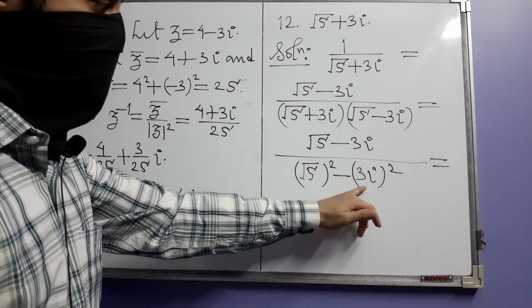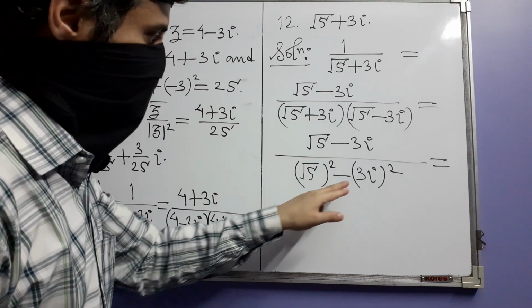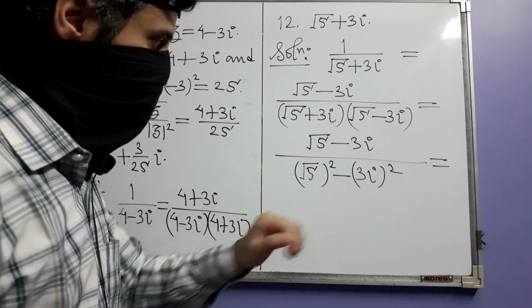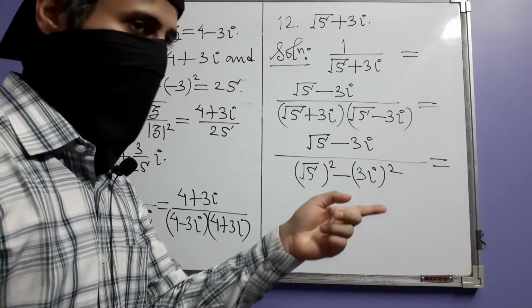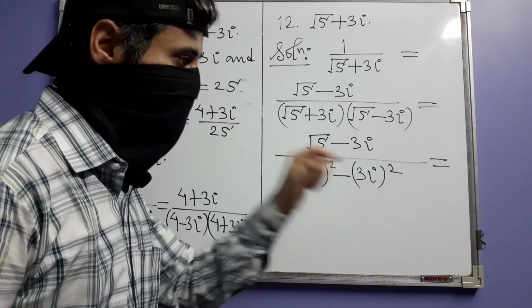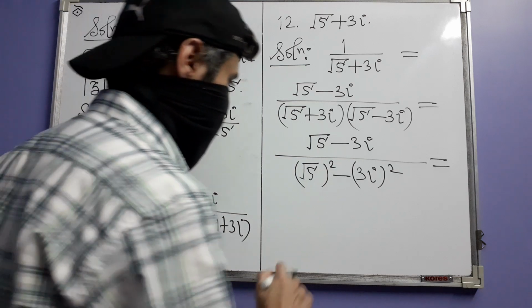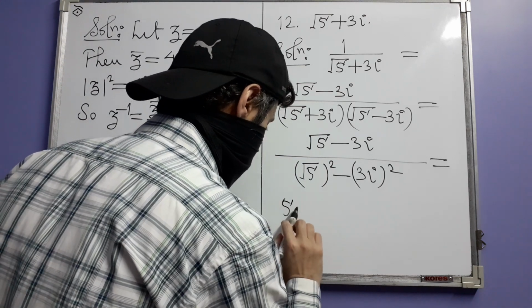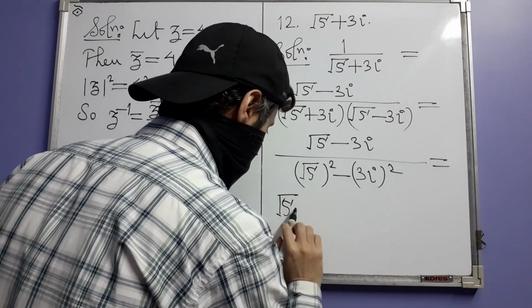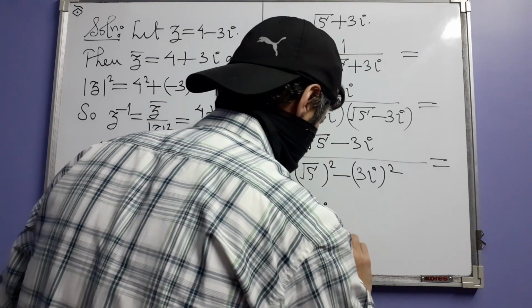Now what shall we get? Root 5 squared is 5. 3 squared is 9. i squared will be minus 1. Already there is a minus. So that means 5 plus 9 means 14. So this will be root 5 minus 3i divided by 14.